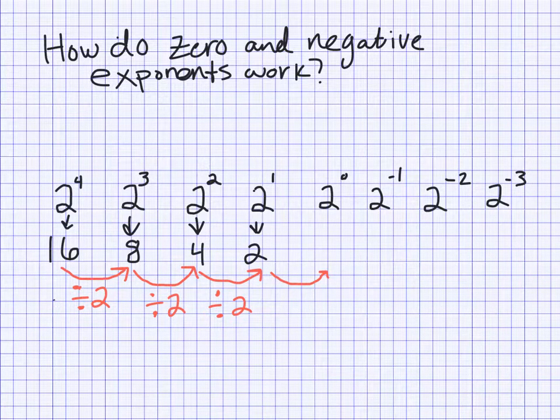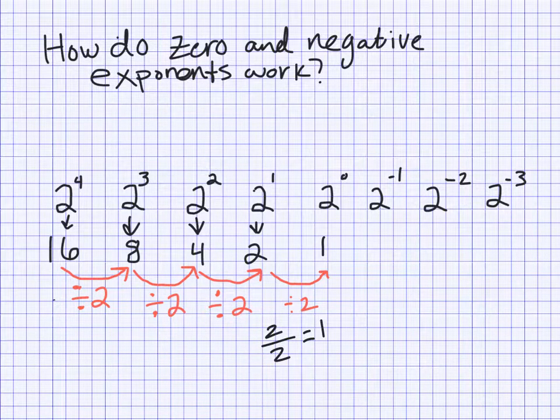Fill it in now. So if we're dividing by 2, 2 divided by 2 should give us 1. Now, that maybe feels okay. That tells us that 2 to the power of 0 equals 1.